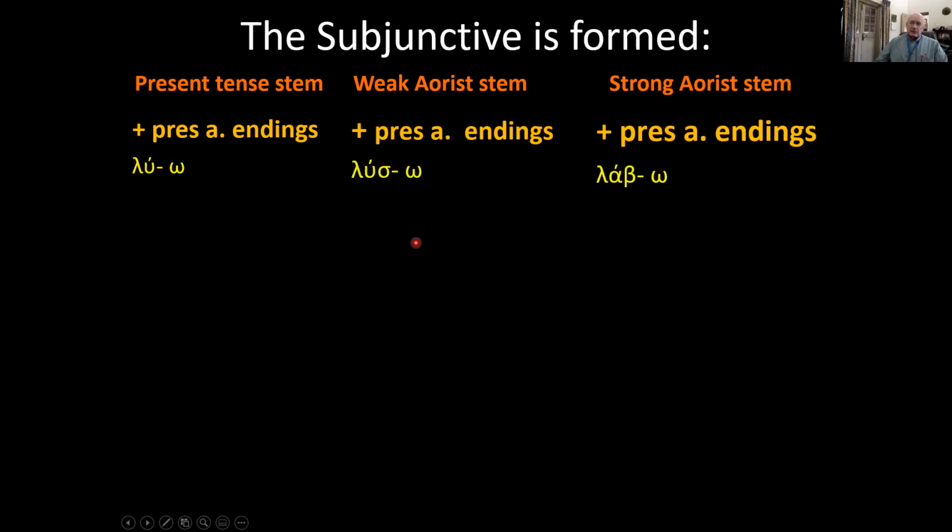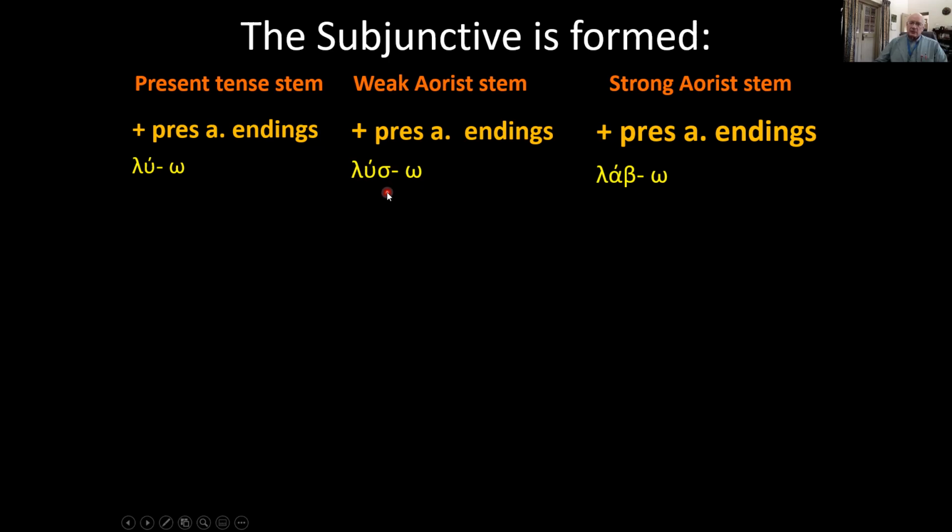In the aorist tense and in the strong aorist, we have to watch out that we have the aorist stem, luo or lob in the case of lombano, second aorist, or strong aorist, and weak aorist. Again, the endings are the same: o, es, e, omen, ete, osin. It's just the stem that shows us this is aorist. There is no augment.